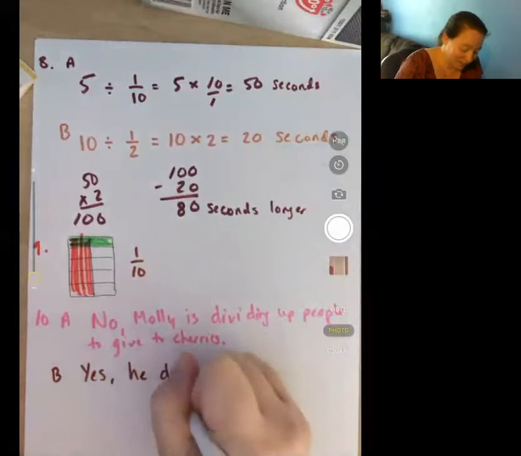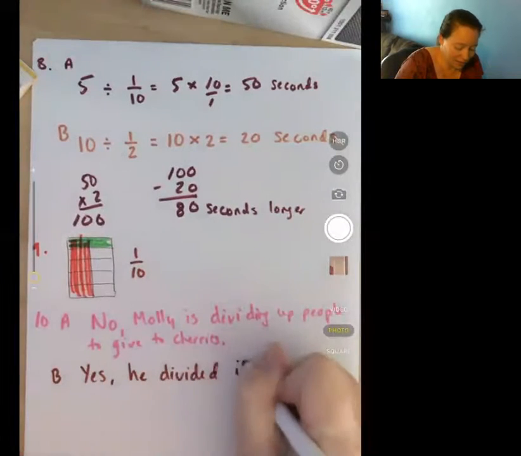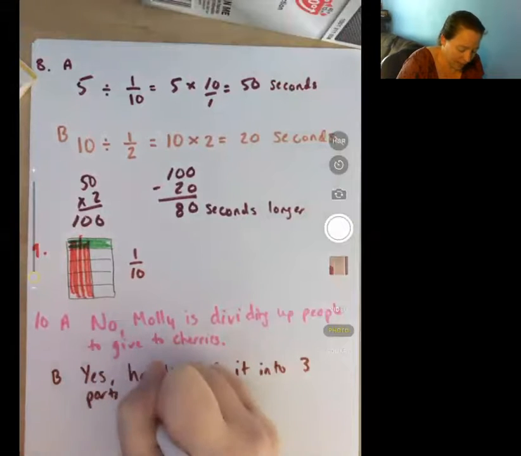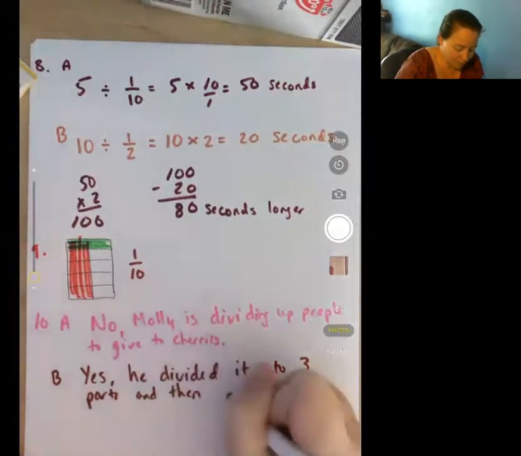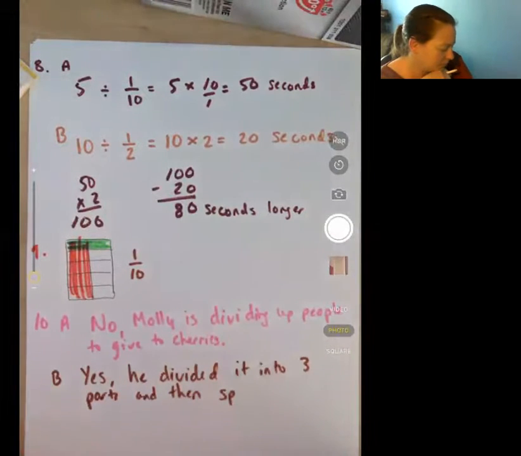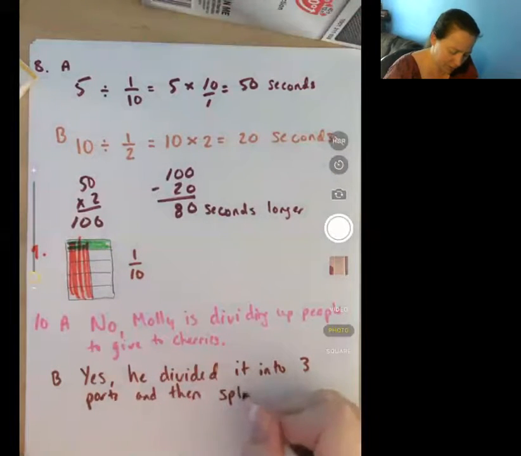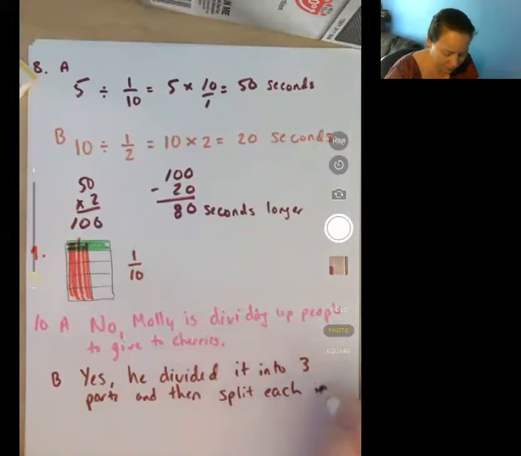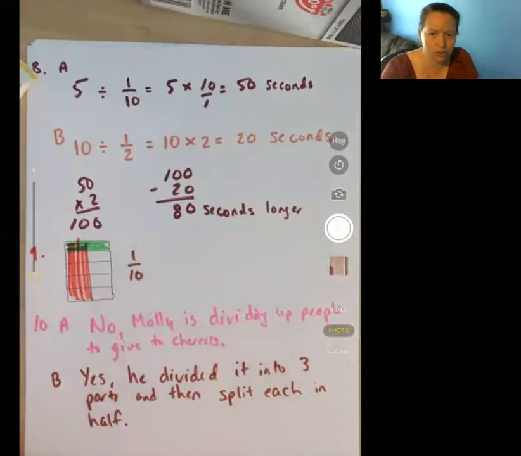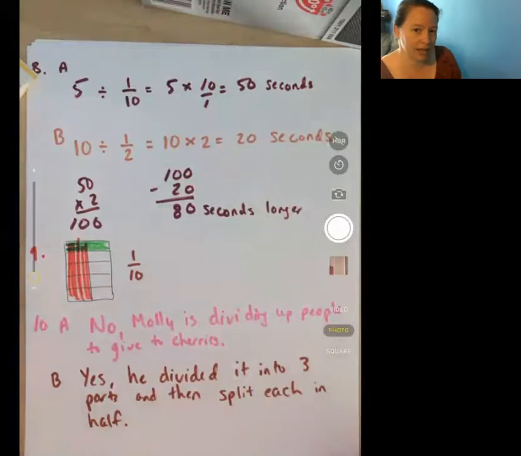He divided it into 3 parts and then split each in half. So yes, he can totally do that. I don't know that I would suggest you doing it, but yeah, you can totally do that.